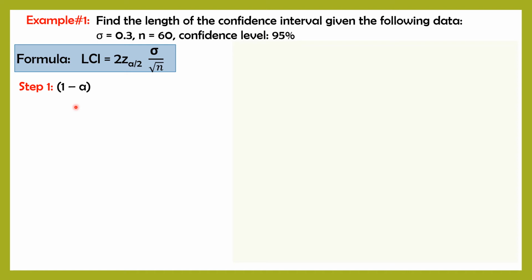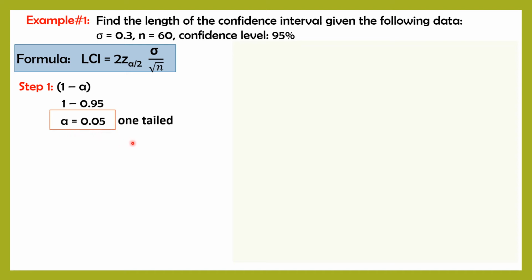So, para makuha natin yung alpha, yung confidence level na 95% ay susubtract natin sa 1. Pero you have to change first yung 95% into decimal. At ang decimal ng 95% ay 0.95. So, we will have na 1 minus 0.95. Therefore, ang ating alpha is equal to 0.05.